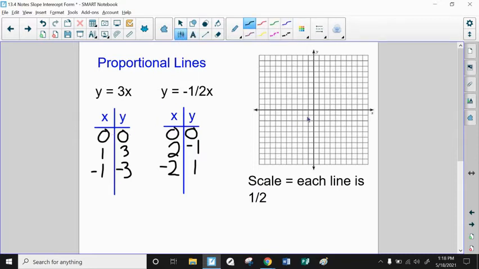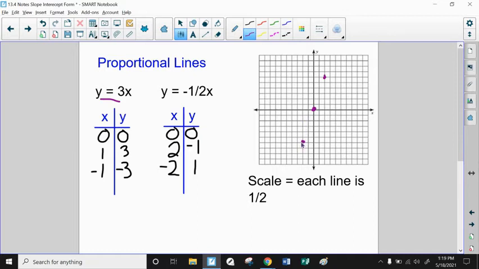So I'm going to start with 0, 0. I'm going to make this line purple so it's easier to see. I start with 0, 0, which is the origin, and I plot that point. My next ordered pair is 1, 3. So I go over 1, up 3. My next ordered pair is negative 1, negative 3.